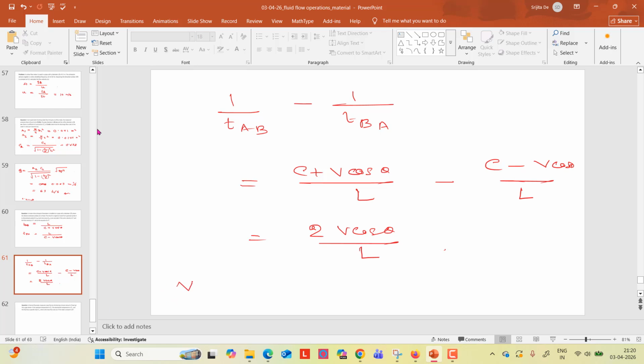The geometry is given in the PDF. You just refer to that. So V is coming as L square by 2D into 2V cos theta by L. 2 cancels out, L cancels out. So it is L V cos theta by D. Okay.